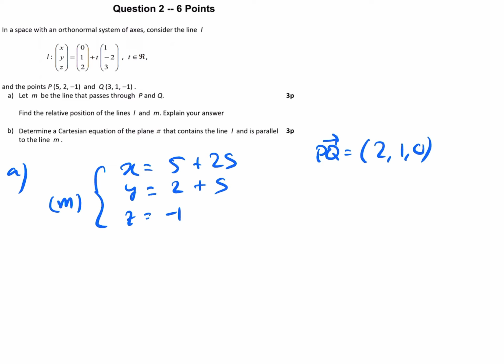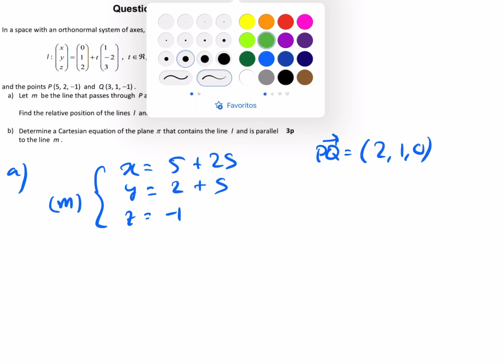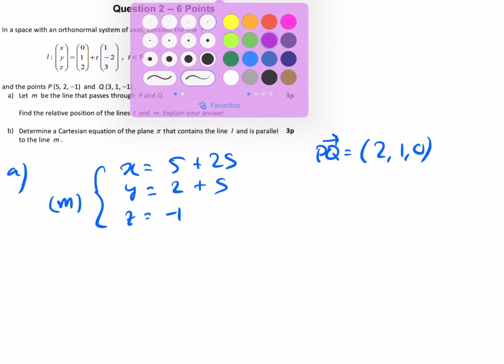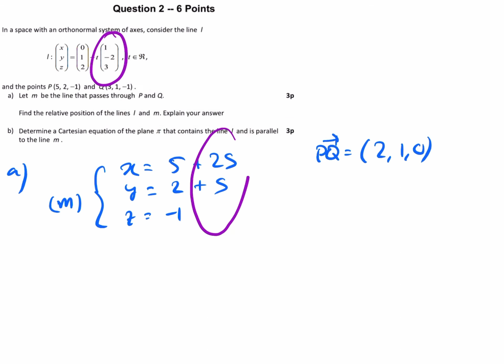So now we've got the first line and the second line. We need to find the relative position of the lines. The first thing we need to check is whether the direction vectors of both lines, that's one direction vector and that's the other direction vector, are proportional.